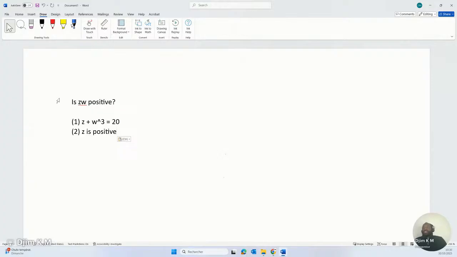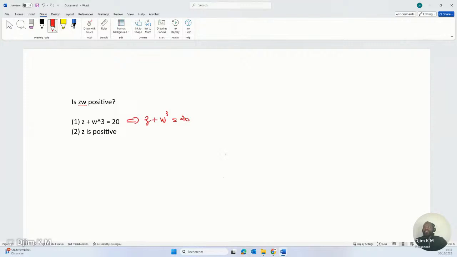So is ZW positive? What this tells us is, is ZW positive? For this one, we have Z plus W to the power 3.